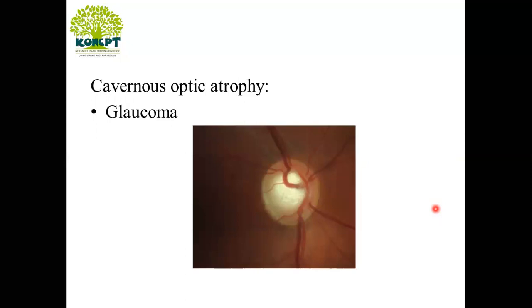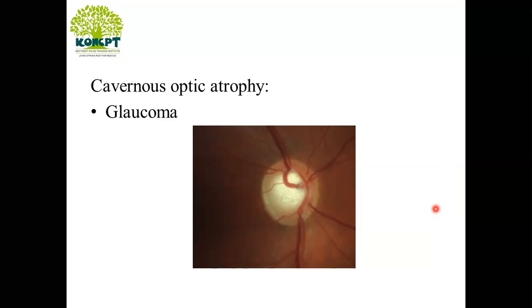Coming to the last type of clinical optic atrophy, cavernous optic atrophy. It is usually caused by advanced glaucoma. Cavernous means a deep cup or cave-like appearance. This atrophy occurs due to damage and death of the ganglion cells and axons, and there is deepening due to the raised IOP usually.